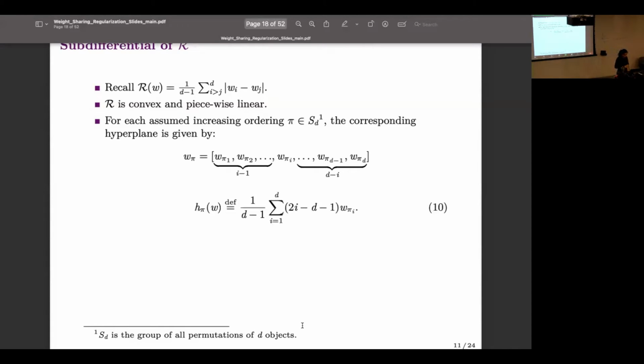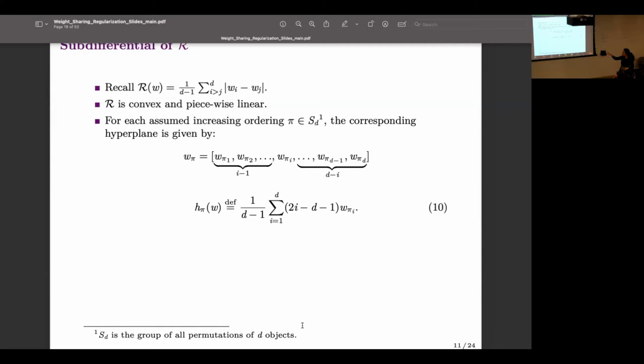So the hyperplane that results is this. These are with negative signs, so it's going to be i minus d plus i minus 1. It's going to be 2i minus d minus 1. This is going to be the coefficient of W. These are all of these hyperplanes. And we might have, so this is R.